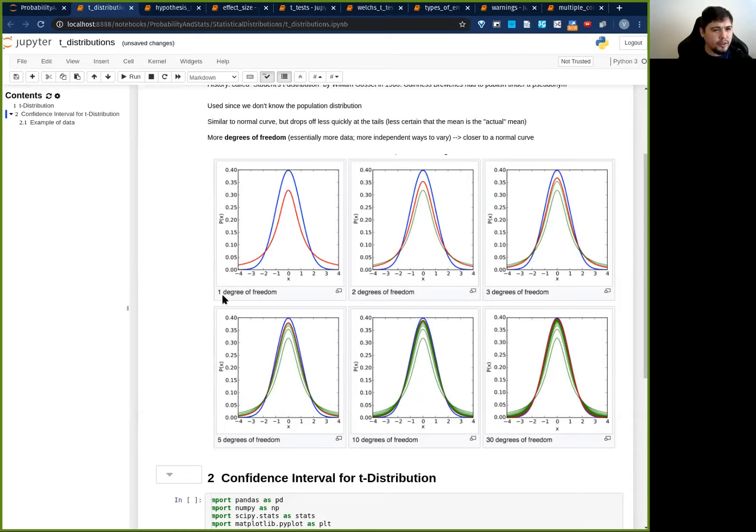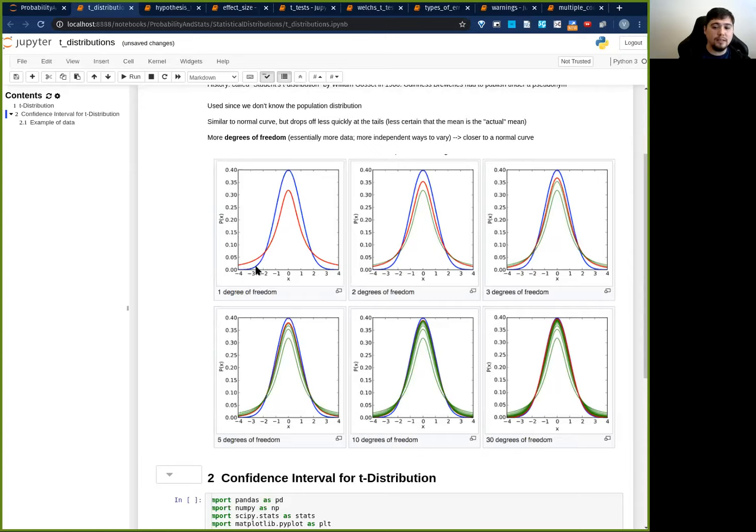And we have these things called degrees of freedom; depending on how many people you sample, that's how many degrees of freedom you have. The red one represents the t-distribution, and you can see it progressively changes. You can see here it's got slightly fatter tails.